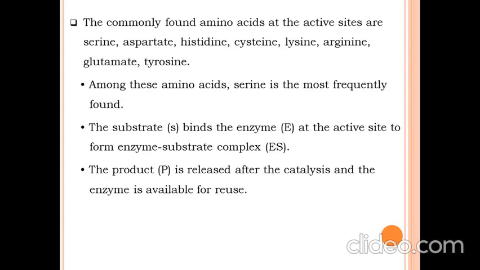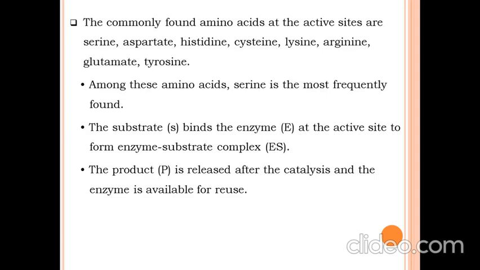The commonly found amino acids at active sites are serine, aspartate, histidine, cysteine, lysine, arginine, glutamate and tyrosine. Among these amino acids, serine is the most frequently found amino acid. So serine is most useful.